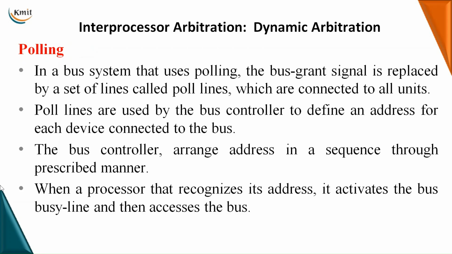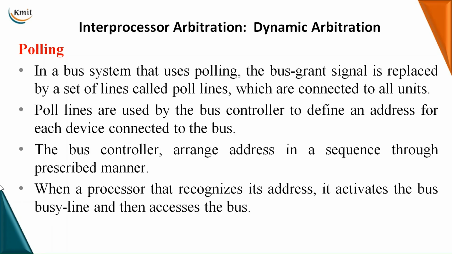The bus controller will arrange the addresses in a sequence in a prescribed manner, deciding which processor accesses the bus and which processor gets the bus next. All the addresses of the processors will be arranged in a sequential manner. When a processor recognizes its address, it will activate the bus busy line and access the bus.